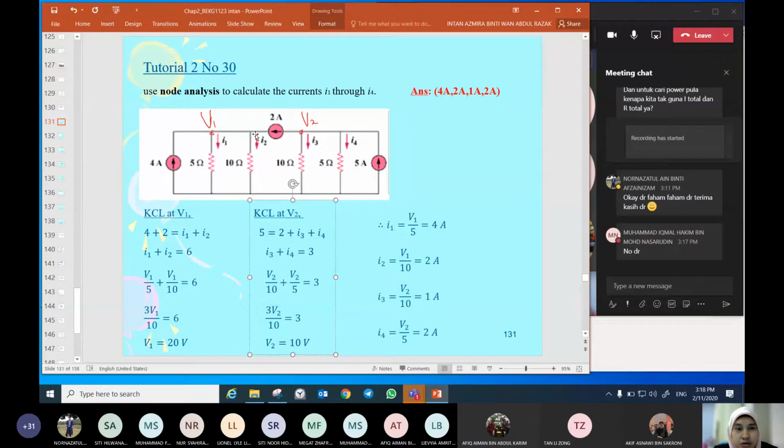The voltage drop across 10 is V1 as well, because 5 and 10 share the same node. They are parallel, so the voltage drop across 5 is the same as across 10. Equal to 6. Now we solve this and we get V1 is equal to 20 volts.